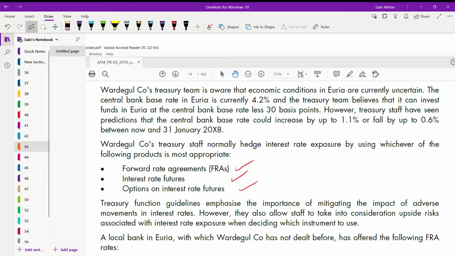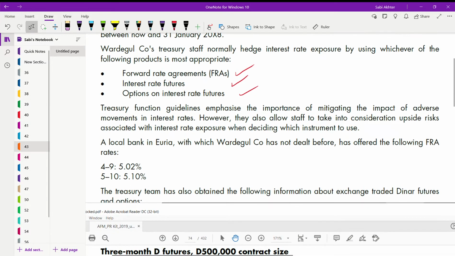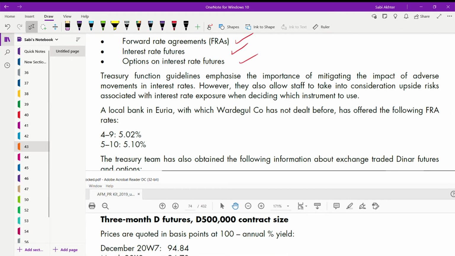So here this situation is a little different. Here, it increases by 1.1% or falls up to 0.6%. The rate is different. Earlier we saw the increase or decrease was 0.5%. Here it is different, right? But under both you have to show. Everything else is MC 4, 9, 5, 10.